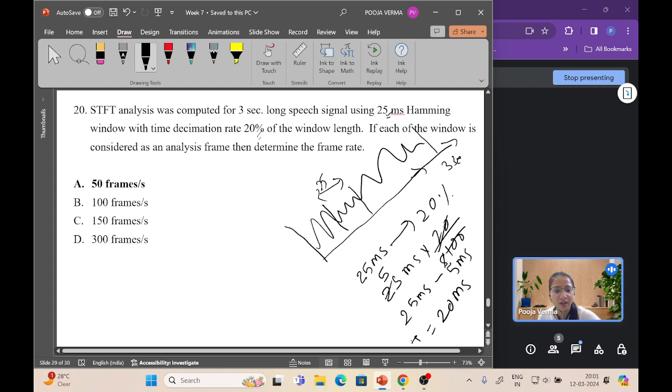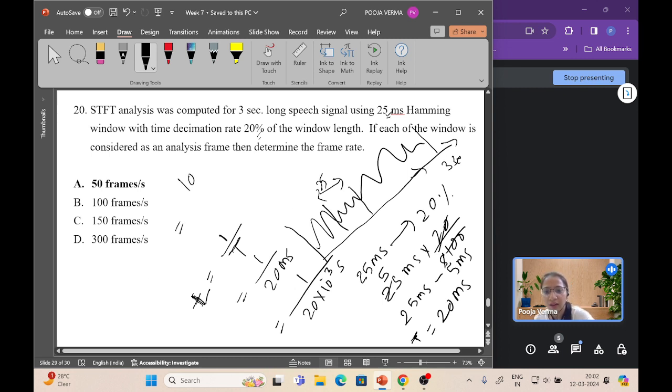Here the time is given, so to get the frame rate, we have to reciprocate that time, and then we get the frame rate per second. So it is 1 by 20 milliseconds, or 1 by 20 into 10 to the power minus 3 seconds. Now it is frames per second, so how much will it come? 50, right? So 50 frames per second.